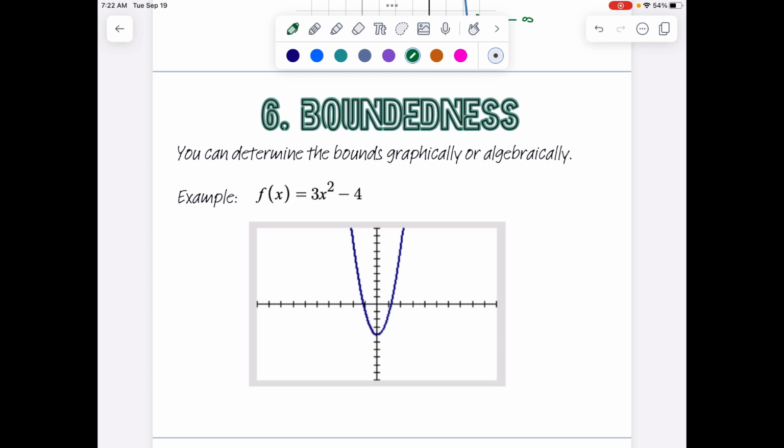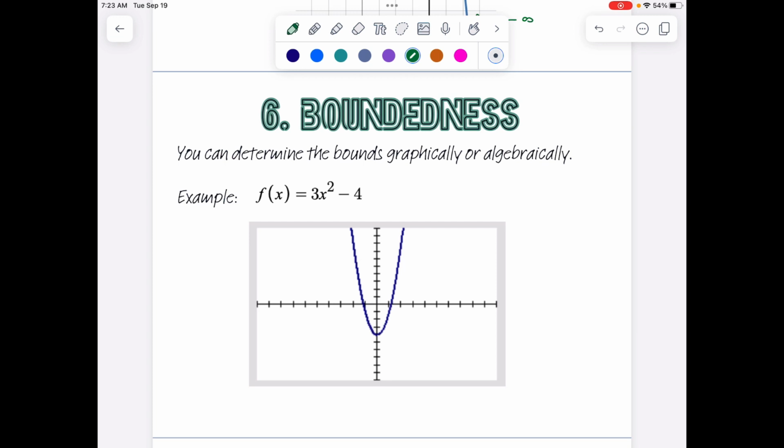Some of us are comfortable enough with being able to do this in our head, like 3x squared minus 4. I know that's a parabola. It's an x squared. It has a positive a value of 3. That means it opens up, which means it's definitely bounded below. That means there's a big portion of my coordinate grid below the graph that's just empty.